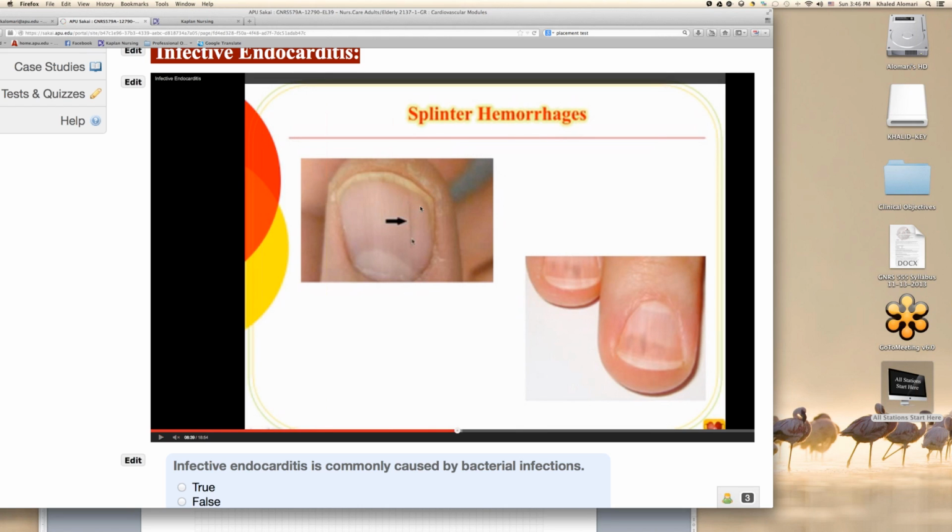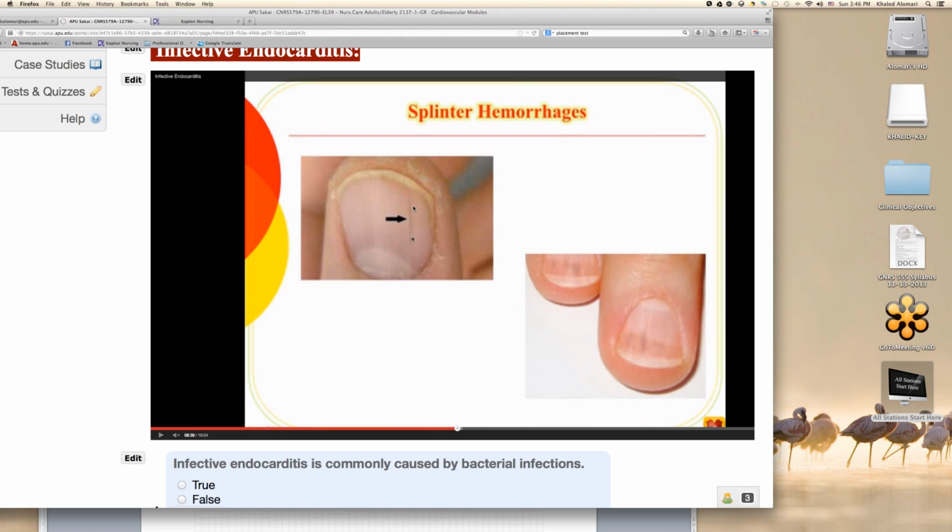Now, the splinter hemorrhage, this one, as you see it, we don't understand the exact mechanism, but this is one of the classical symptoms that you can see in endocarditis. So if you see this in NCLEX, any questions, you can see it with other conditions, but in all the books that you can look at, medical and nursing, splinter hemorrhage goes with endocarditis.